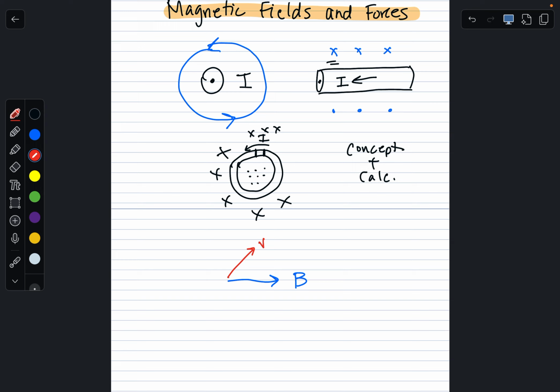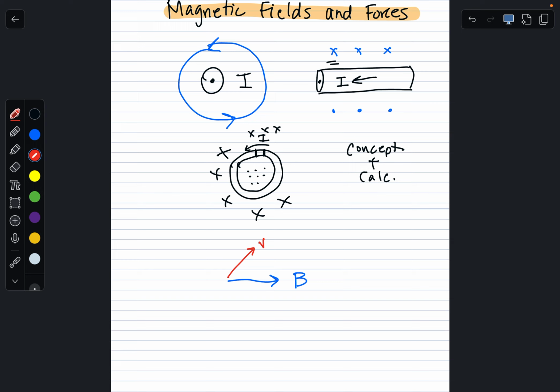Then I examine the force acting on the positive particle with velocity up. Thumb is up, pointer in the page, middle towards the current. If we do the sweeping version, V is up here. I rotate my hand until I'm able to fold it into B, to sweep out that plane created by V and B, and then you can see my thumb is pointing to the left.